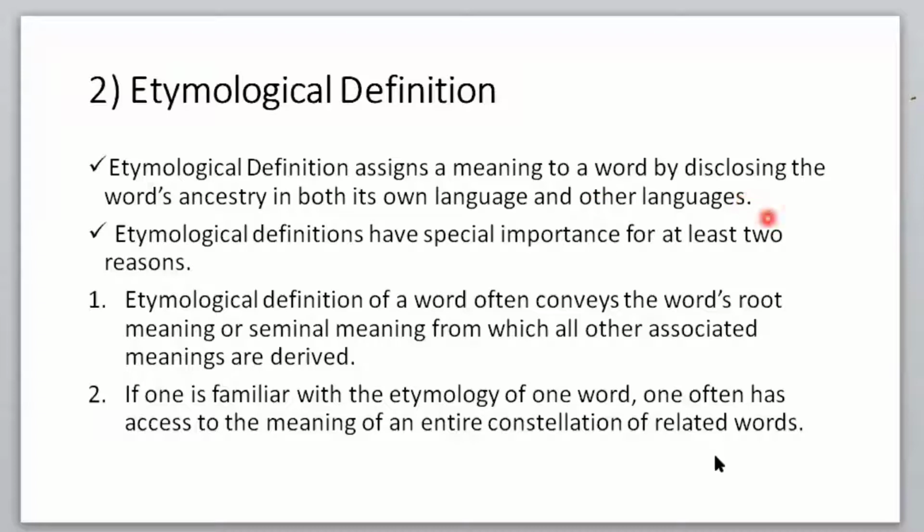For example, we define epistemology, we define metaphysics, we define other terms which originated from Greek and Latin. When we define it, this is a Latin word, which means we define like this. If we define words like that, we are defining in a way of etymological definition, because we are referring to the origins or the word's ancestor.